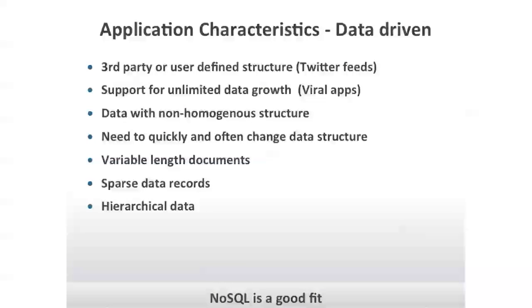For example, in another presentation, we talk about Draw Something, an iPhone-based app, which grew from 50 users to 50 million users in one month, which was never possible in an RDBMS. Whereas in Couchbase, it's easily scalable, so you can add more servers and scale your cluster. That's definitely a best use case for NoSQL.